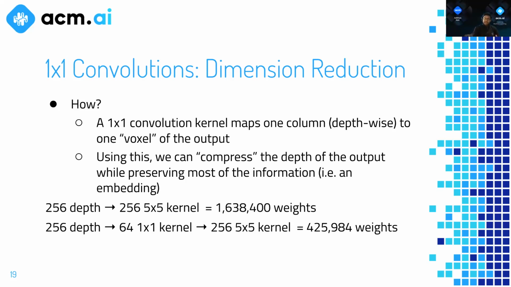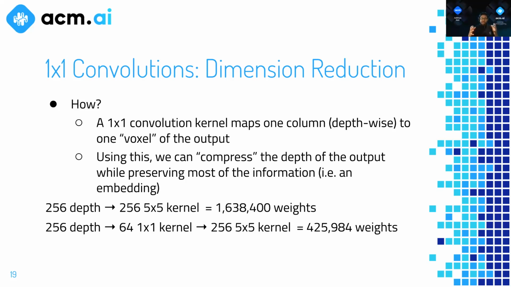Well, we are maintaining our spatial dimensions, but now we've compressed our output volume from this intermediary layer to 64 instead of 256, which is already a huge leap in compressing the data our input volume holds. And after that, that's when we can go back to applying our 5x5 kernel.